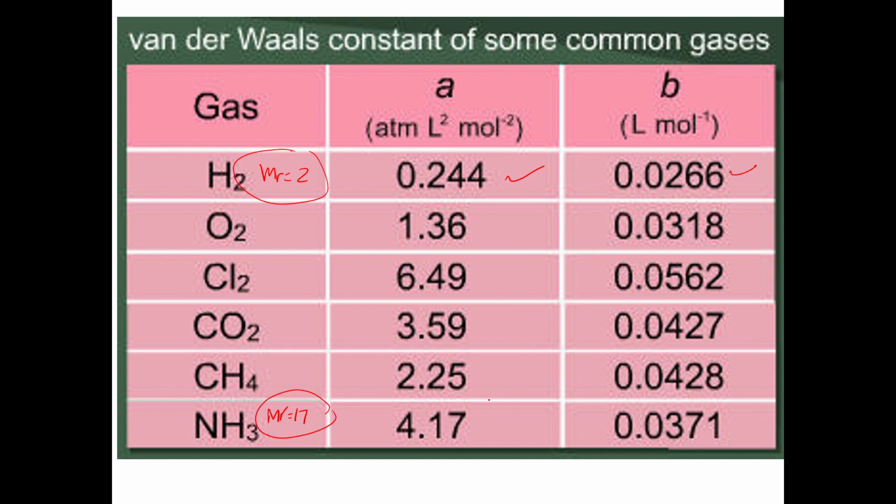So Mr besar ini, deviation dia pun besar. 4.17, 0.03. Okay, yang paling besar ni Cl2. Kamu tengok Cl2 6.49. Okay, larger deviation, because of Mr-nya besar, 72. So bila large molecule, large deviation from ideal gas.